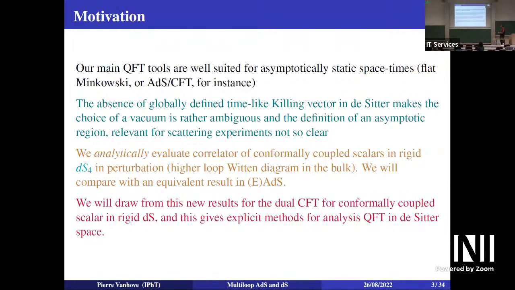On the other side, there's a way to trick the computation, and I will explain how to do that, to define correlation functions in de Sitter spacetime that are mapped to some Euclidean AdS computation, where in the case of a conformally coupled scalar, the Witten diagram, that means the equivalent of the Feynman diagram that you draw in this curved space, can be analytically evaluated.